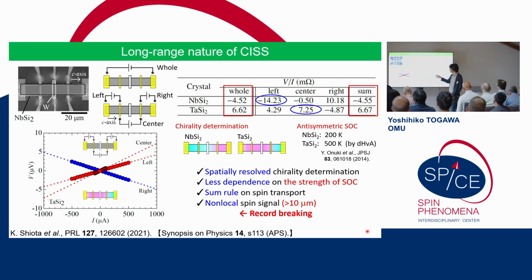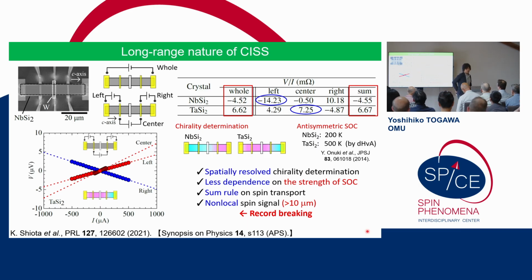It turned out this crystal is not homogeneous in terms of crystal chirality. It has a chiral grain structure. So this locational data demonstrates chirality mapping in these micrometer-size samples.